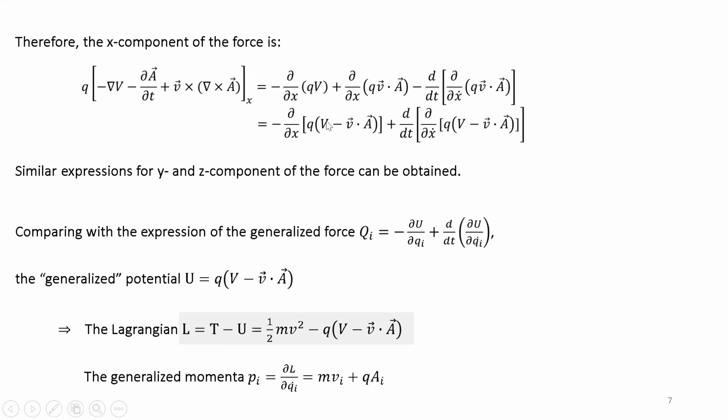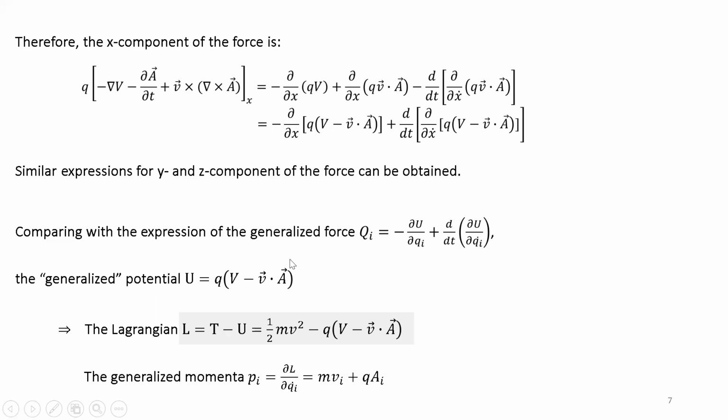Now this form, the first term with the partial x and the second term with this d dt, is exactly what we want. That is because I told you in the beginning that the generalized force with the velocity dependent potential takes this form: first term with this partial derivative, second term with this d dt. So therefore, this thing is the velocity dependent potential that we are looking for.